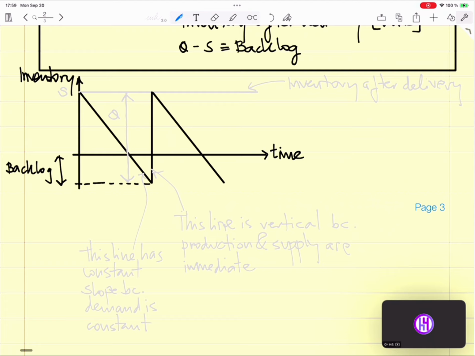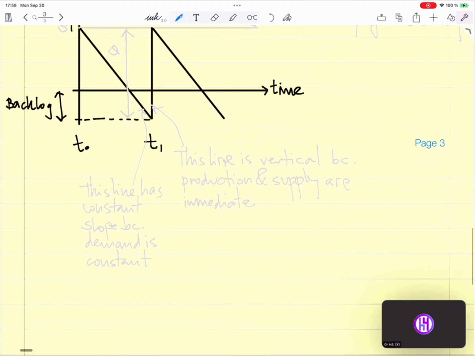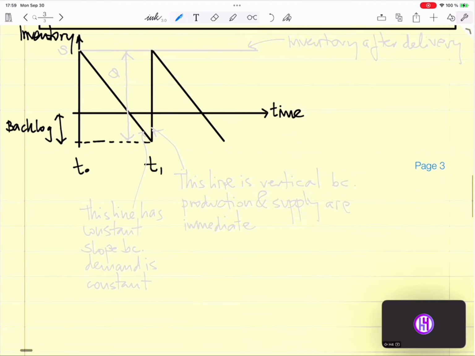All the time. So this is T0 and this is T1, okay? And T1 is, as you can imagine, T1 equals S divided by D. Let me do it right. This is T1 and this is T2.